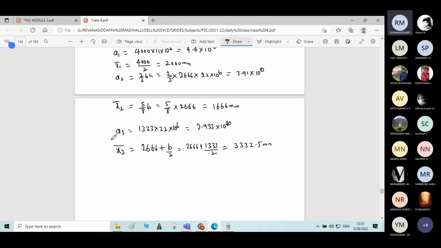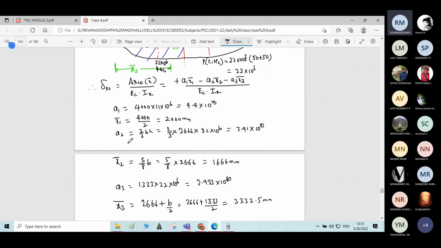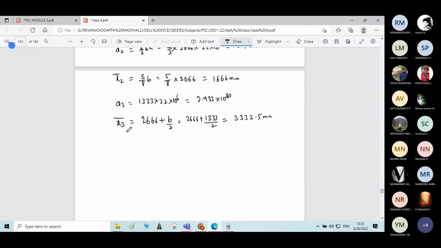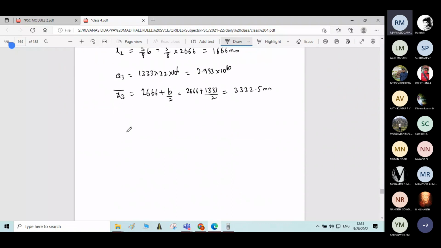Now we can substitute all the values to get the deflection due to prestressing force.